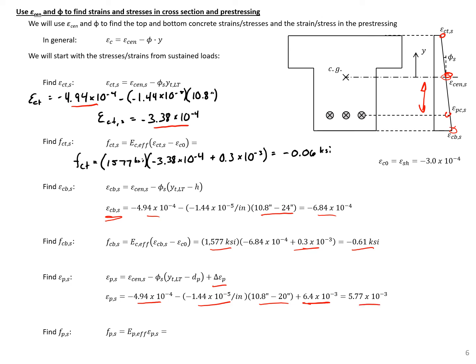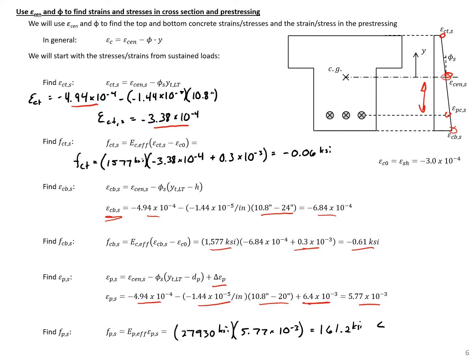And then we can get our stress just by taking our effective modulus for our pre-stressing, 27,930 KSI, times that strain that we found, 5.77 times 10 to the negative third in tension. And we'll get a stress of 161.2 KSI.